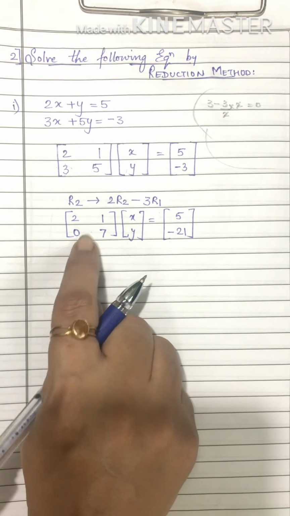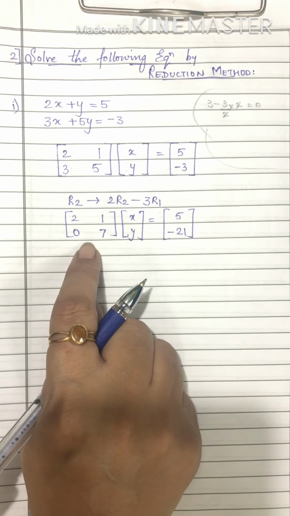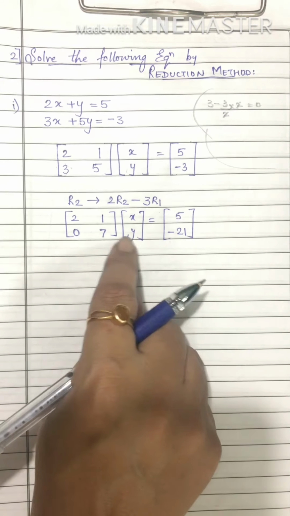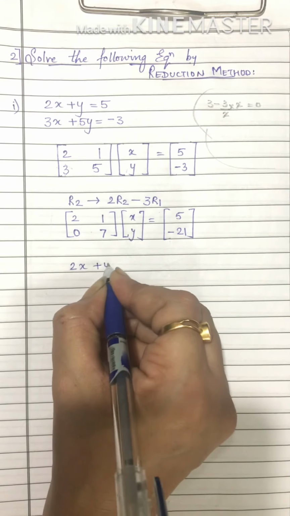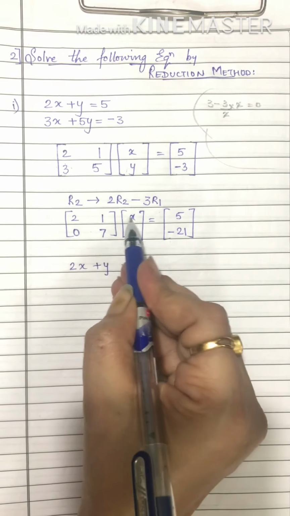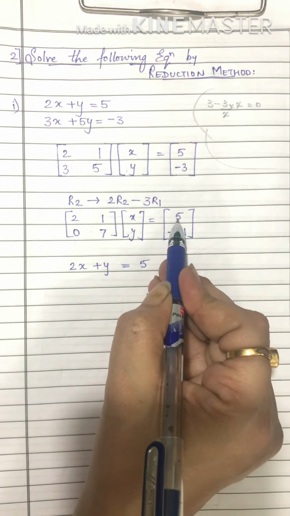This way we have converted the given matrix A into an upper triangular matrix. Now we need to multiply this here in the LHS. What we will get? 2x plus y is equal to 5. See how I am doing this? 2 into x plus 1 into y is equal to 5.